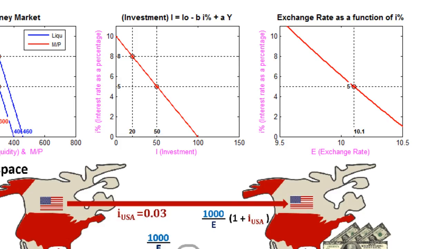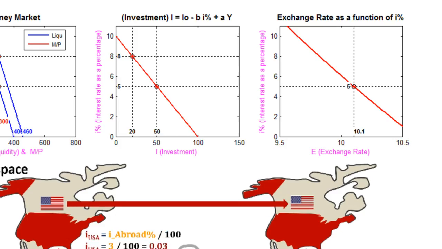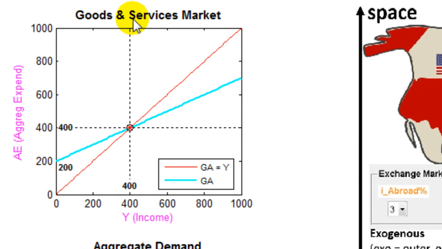So we already know why. So here, if interest rate went up to 8, then exchange rate went down. And now we go to the goods and services market.